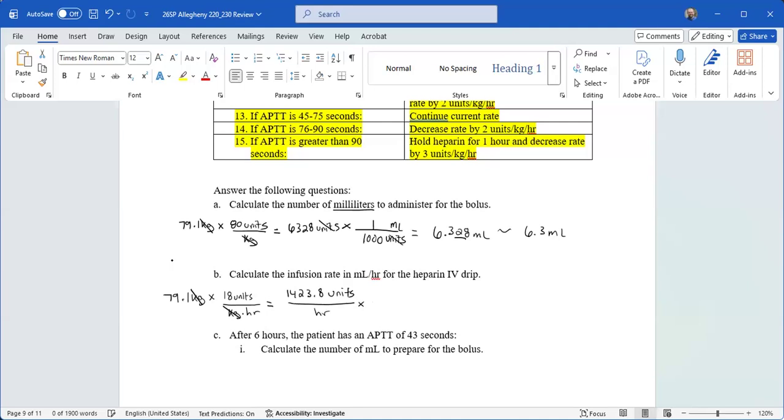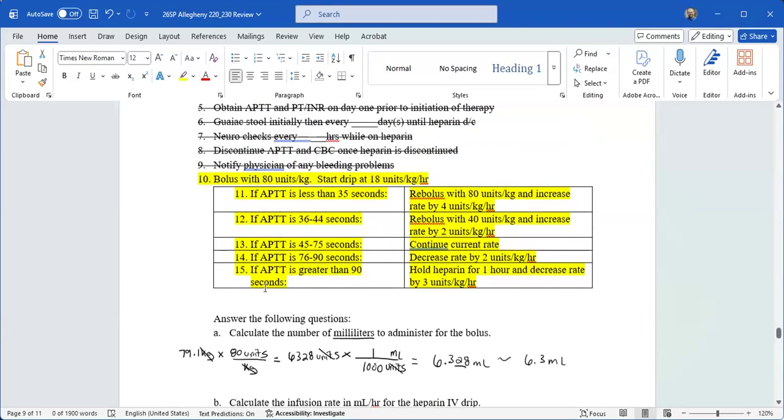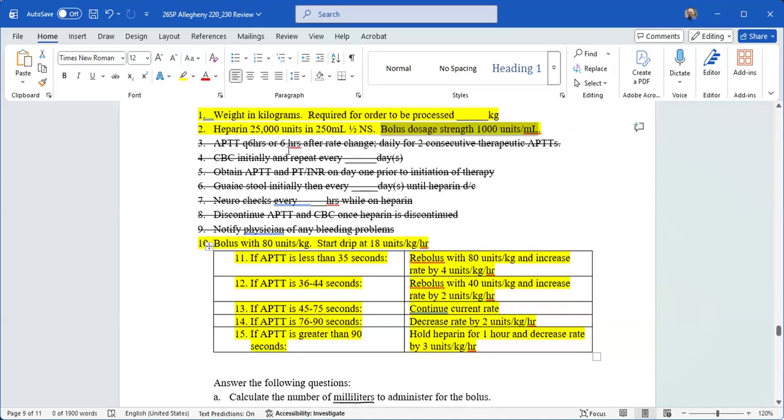Now, again, I don't want units per hour. I want mL per hour. So my question is, how do I go from units to milliliters? And I'm going to do it the same way as you've always been taught. It's just that they're asking you to interpret the data a little bit differently.